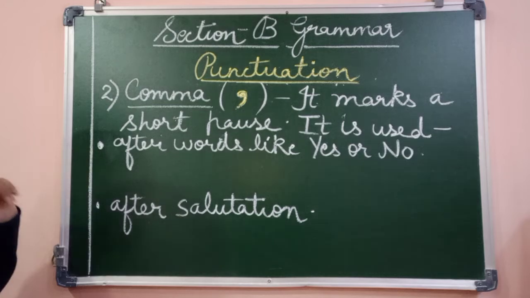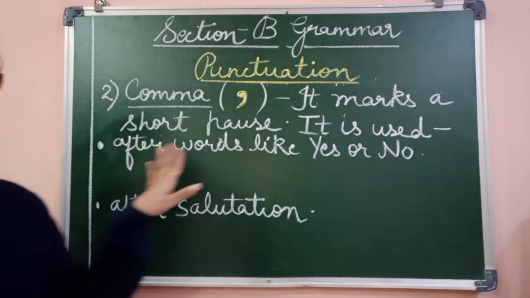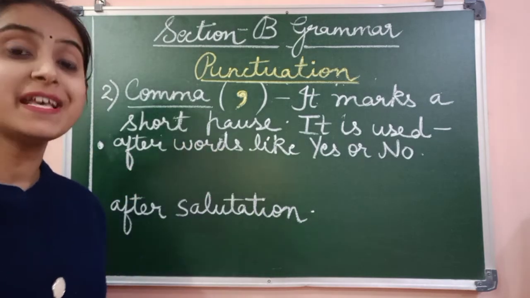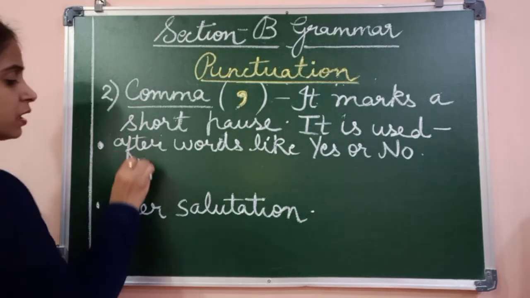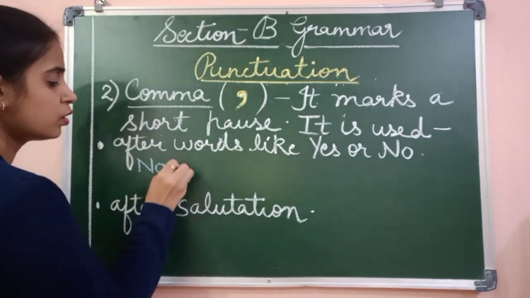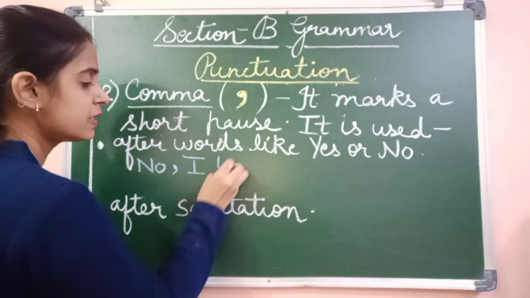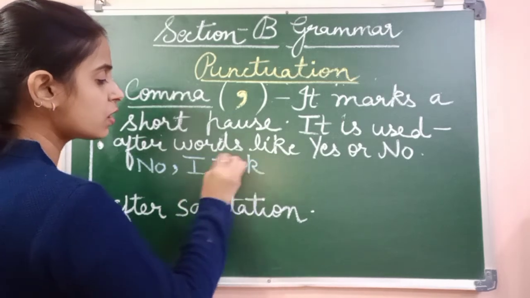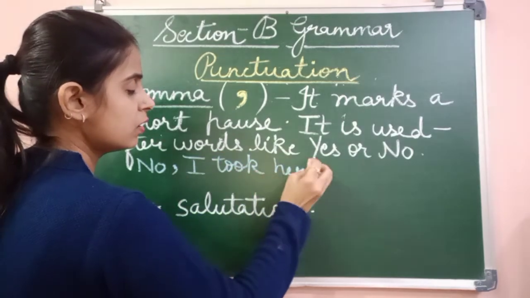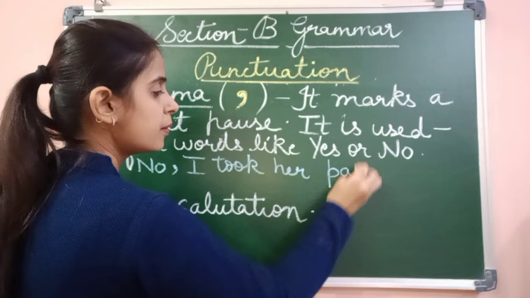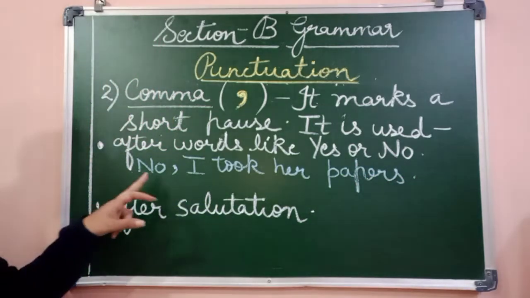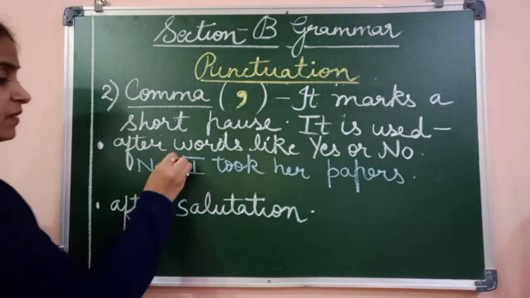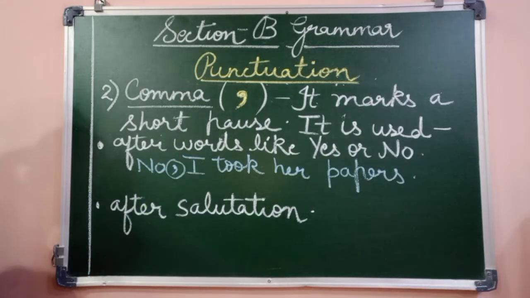Third point, children, says that comma is also used after words like yes or no. For example, I say, no, I took her papers. Okay, so if we are saying no, then after no, we will use a comma, right?